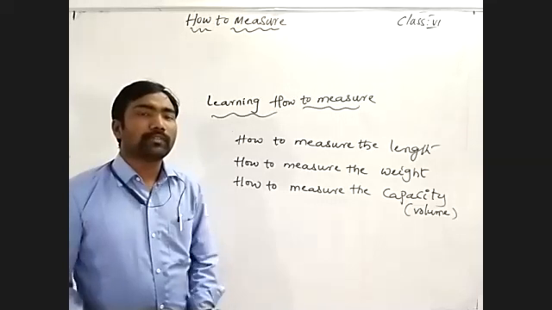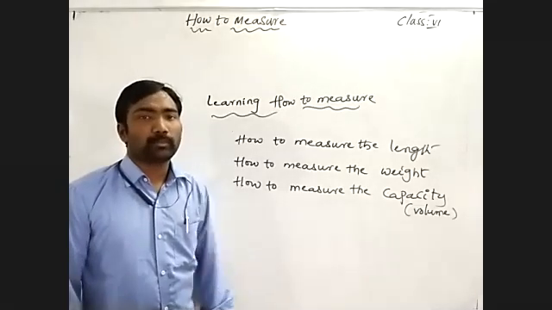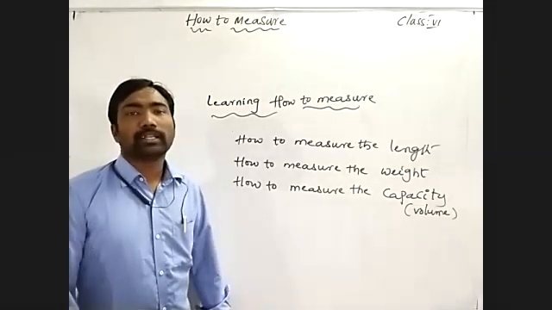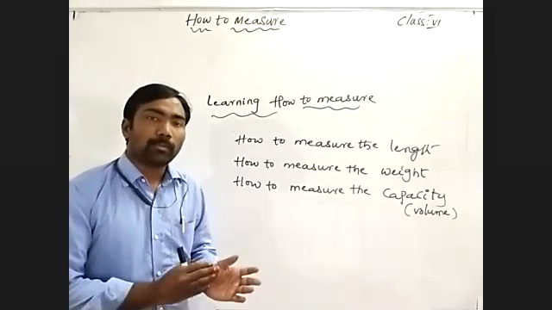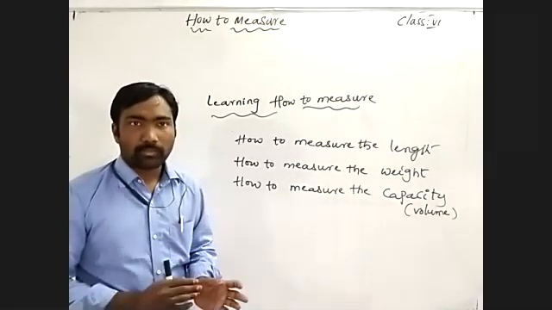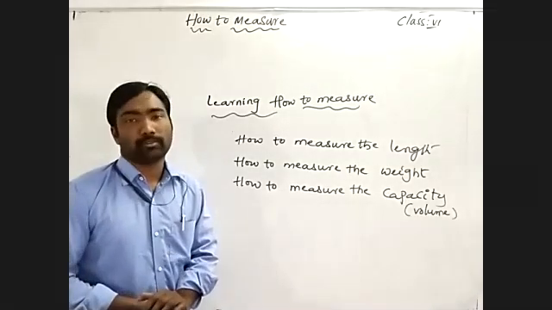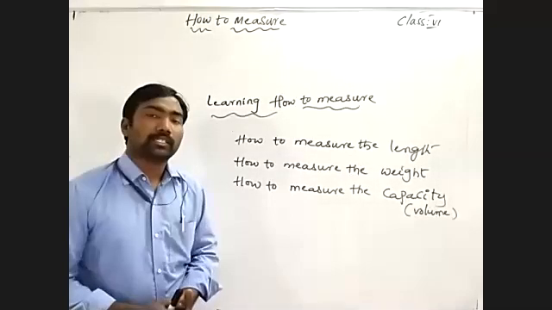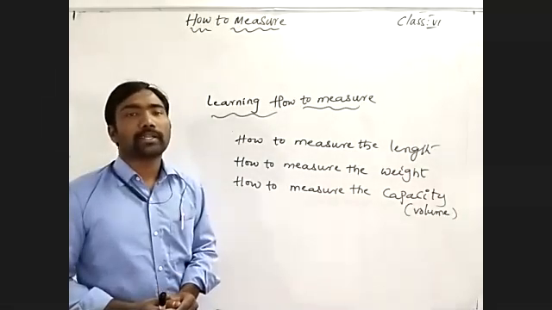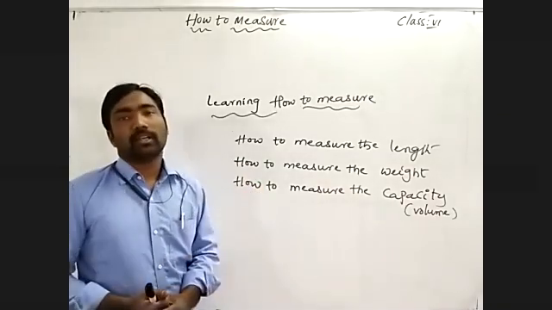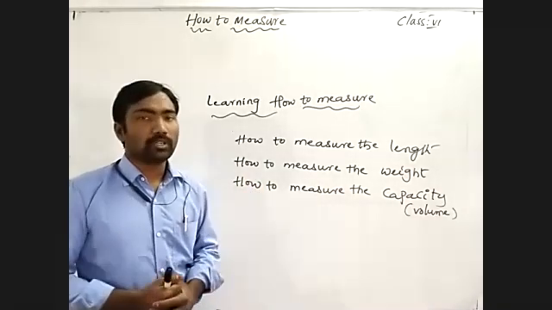We observed different types of subunits and multiples, and also we learned how to convert from one unit to another, from multiples to fractions. Multiples to fractions means submultiples. And also we learn how to write from submultiples to multiples.